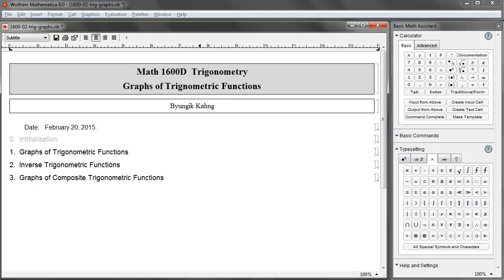In the previous videos, we studied the graphs of sinusoids, sine and cosine, which are the most important and also the most difficult. And then we studied the graphs of other trigonometric functions, tangent, and then cosecant, secant, cotangent functions, and then some composite trigonometric functions.